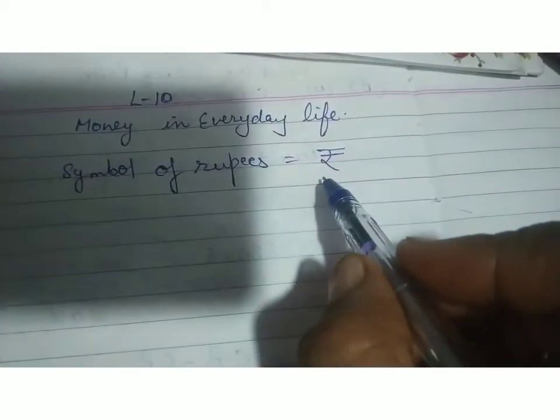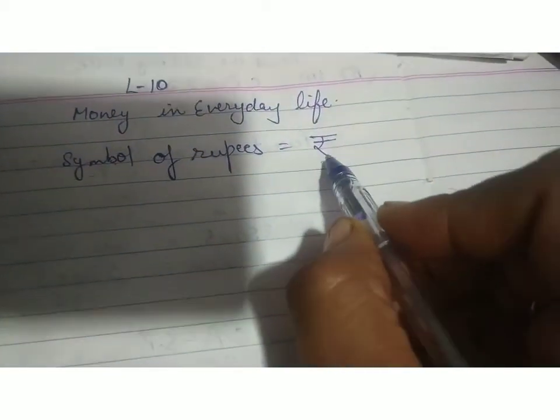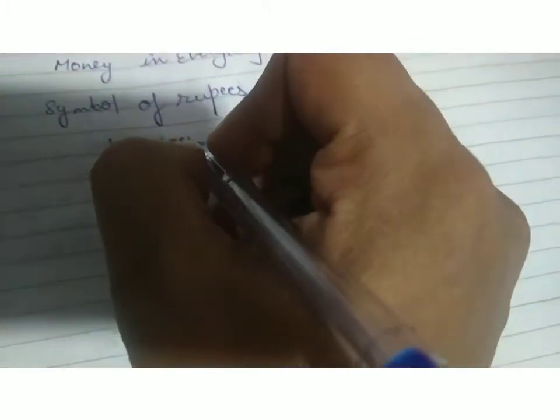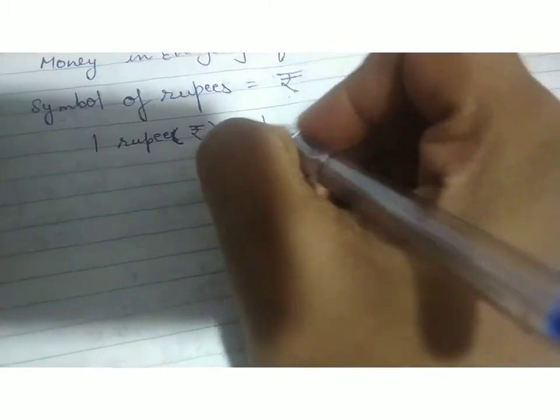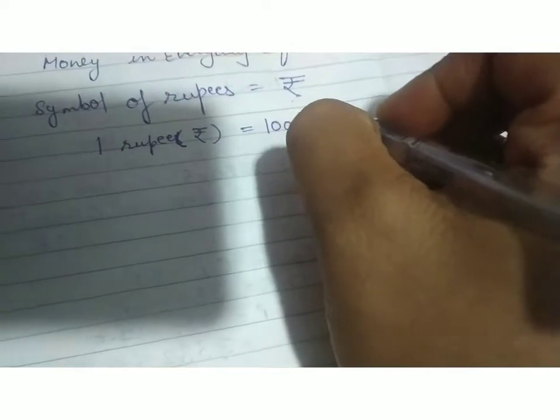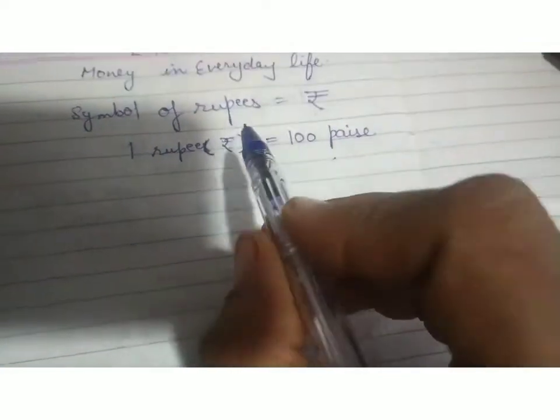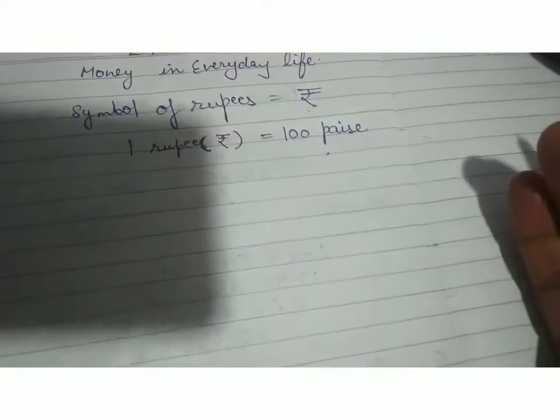So you all know this is the symbol of rupees, and 1 rupee is equal to 100 paisa. This you also know very well. So first of all, I will teach you how to convert rupees into paisa and paisa into rupees.